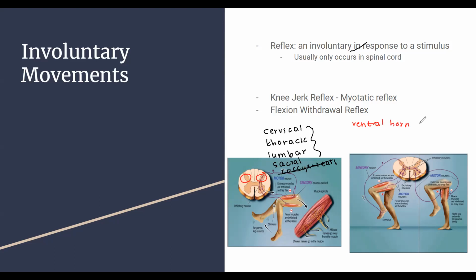These are associated with movement. They send out information regarding your movement. Here we go, guys. So the ventral horn basically sends out motor information.